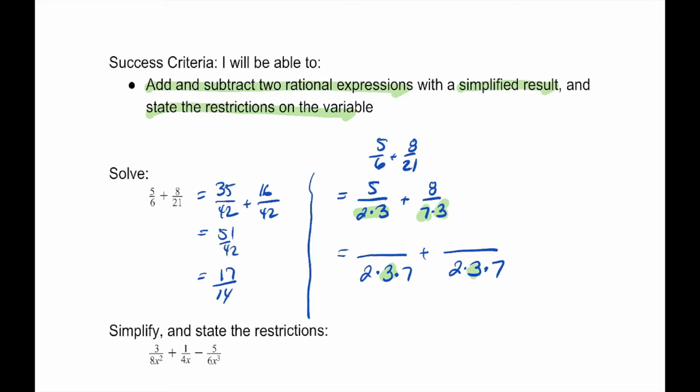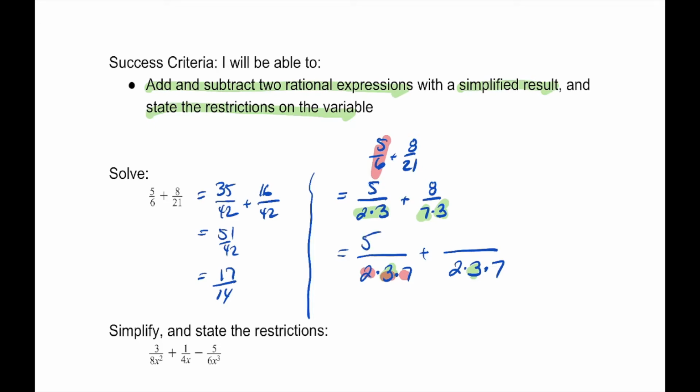So now we have to figure out what the numerator is. So in our first fraction over here, 5 over 6, well, we have to convert this fraction to have a denominator of 2 times 3 times 7. So we need to take 5 and multiply it by something.